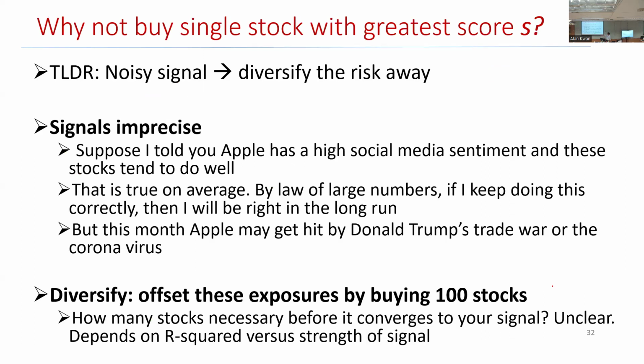Now, if you're human, maybe you can pick the top 3 or 4 or whatever, and then you can depend on your human intuition to actually read the tweets or interpret the news on top of the signal. But you can't just blindly trust the signal. And if you do, you certainly can't go to the extreme and pick like the top 5, right? Because there's so much idiosyncratic noise in any individual stock. So that's the point that I'm making.